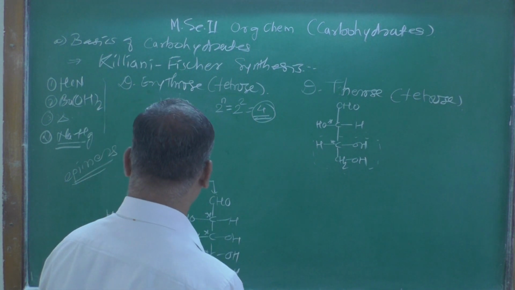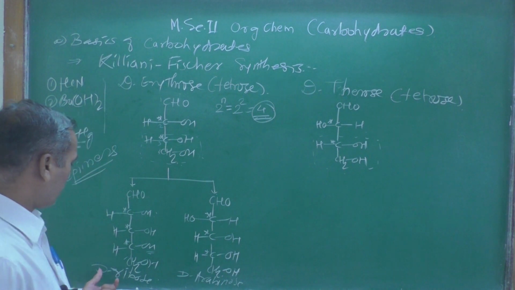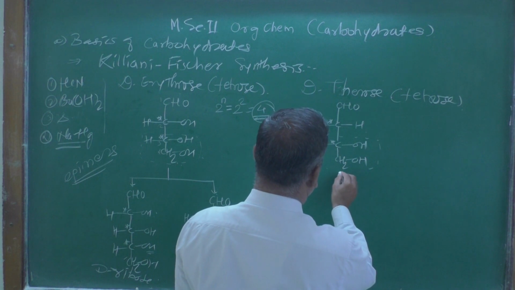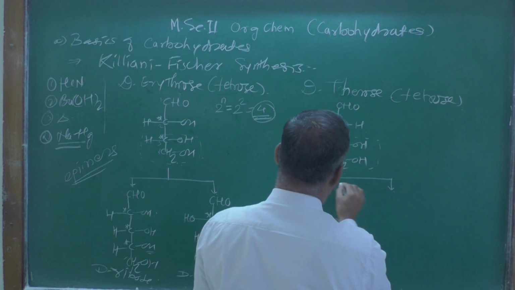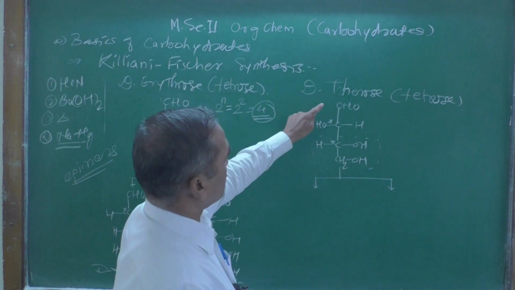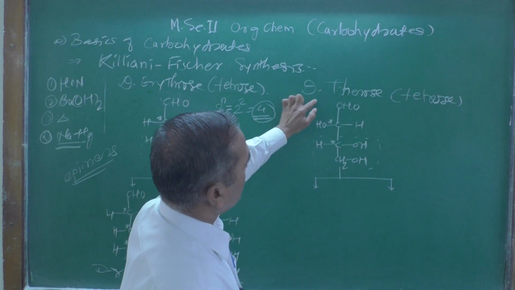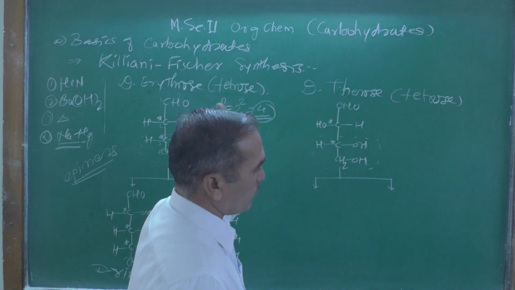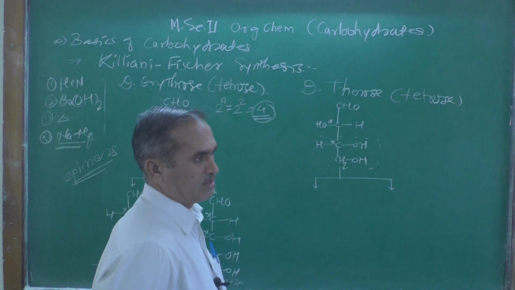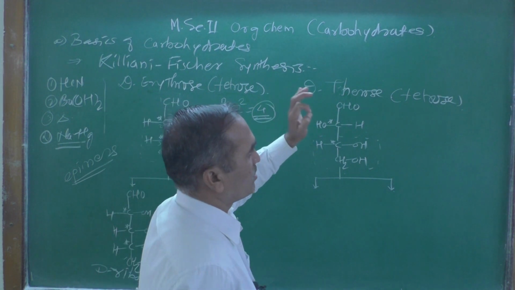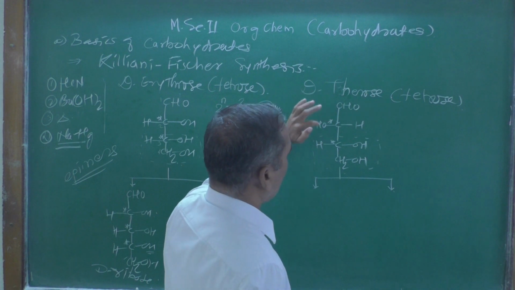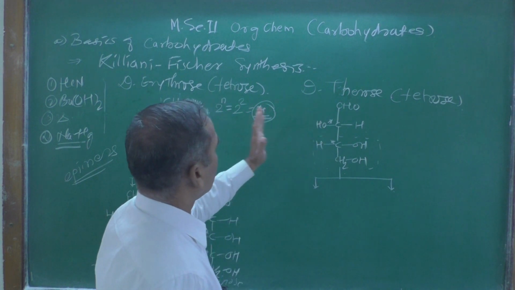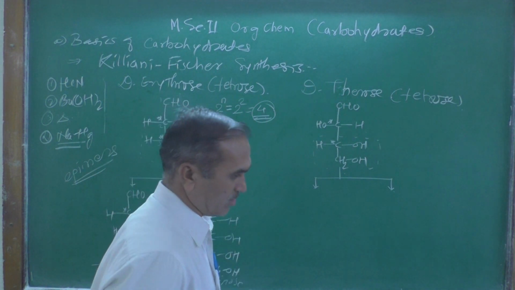Now you understood how we got D-ribose and D-arabinose. Now let us look here again. Let me draw again over here. This is the structure of D-tetrose. Why tetrose? There are 4 carbon atoms in the carbohydrate, and that's why it is referred to as tetrose. How many chiral centers are there? 2 chiral centers, and they are enantiomers of each other.